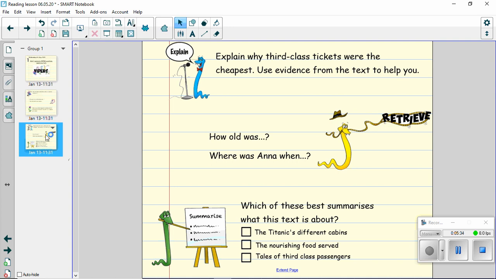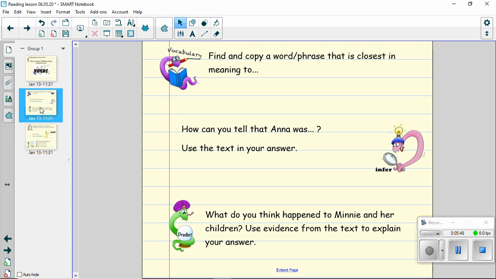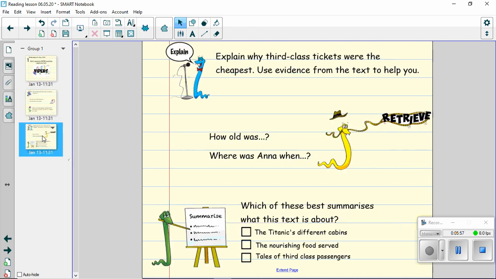Okay, so they are my examples of VIPERS questions. This week, what we really want you to focus on is trying to do a question of each kind because quite a lot of people at the minute are sending us VIPERS work where we've got 6 different find and copy questions, or we've got 3 find and copy questions and then 3 retrieval questions.